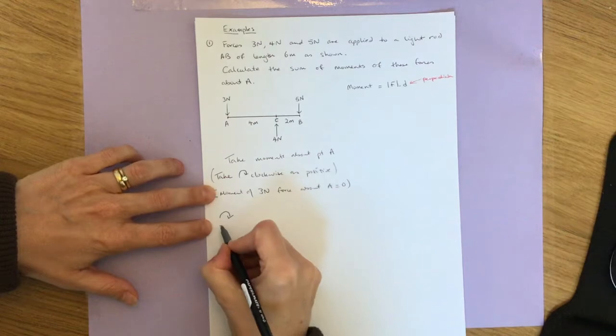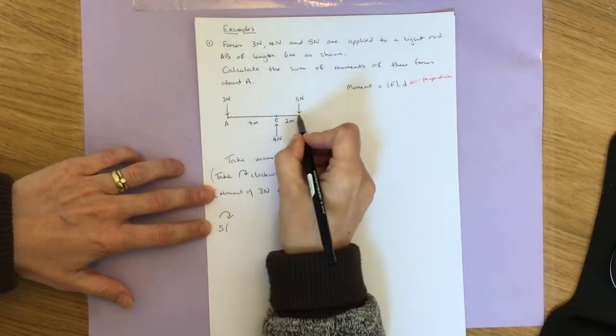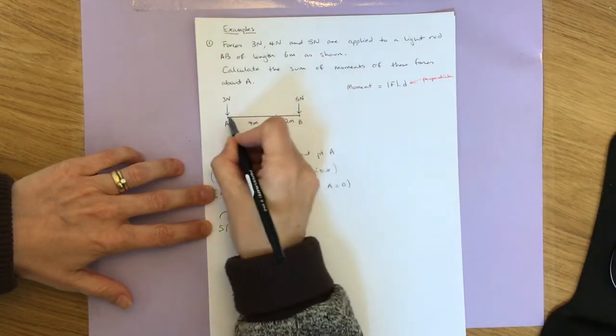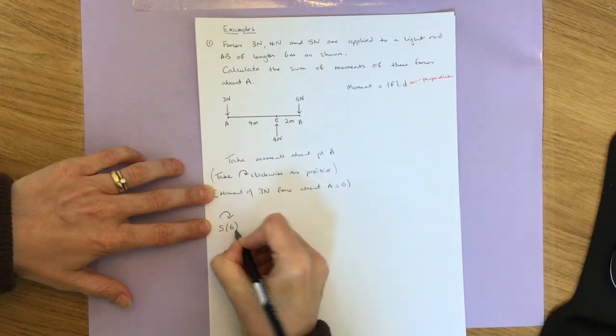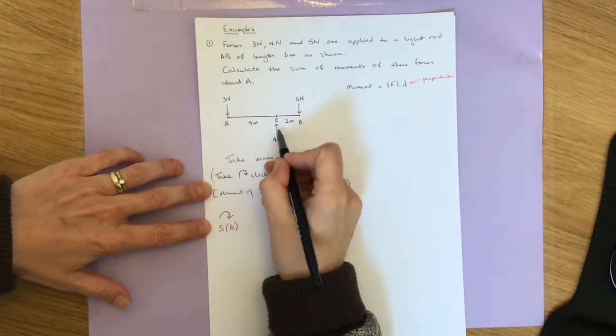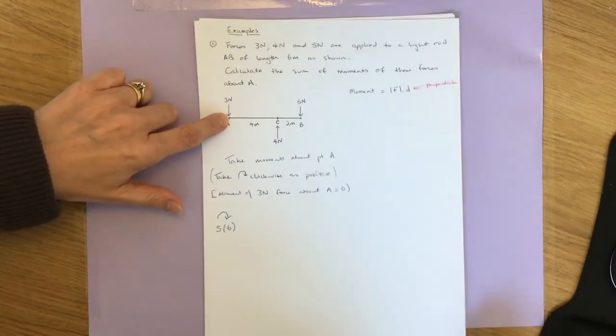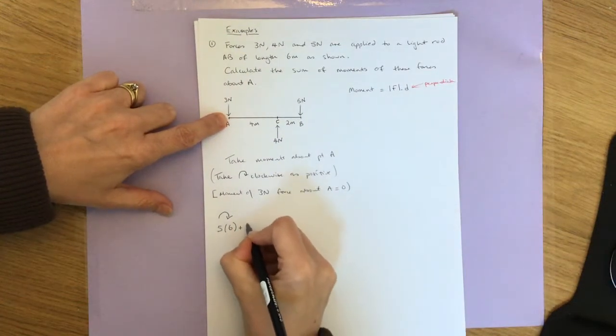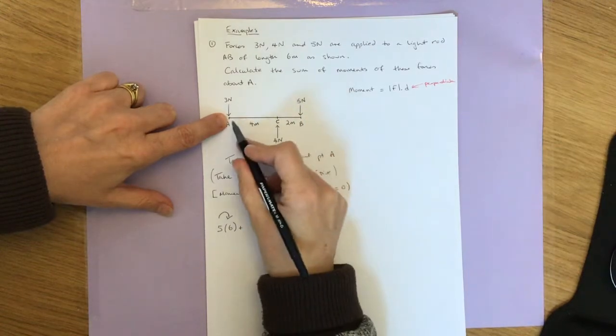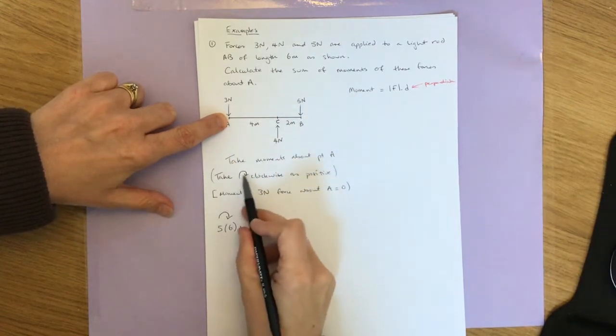So 5 times my perpendicular distance from my point, which is this distance, which is 6. And then for this one now, the 4 newtons is turning us anti-clockwise. I'm going to put plus there for now, but this is now going to be in the negative direction because I'm taking positive as clockwise.